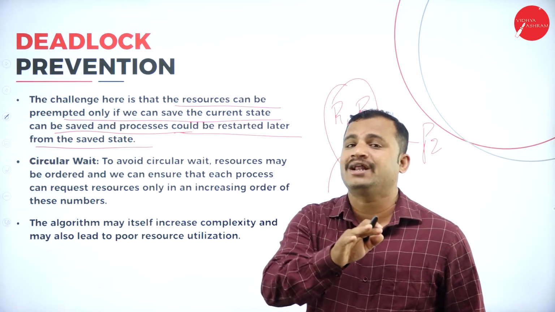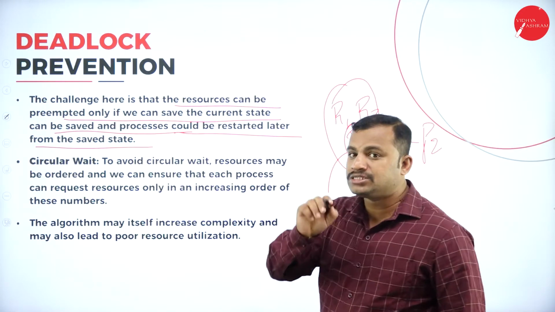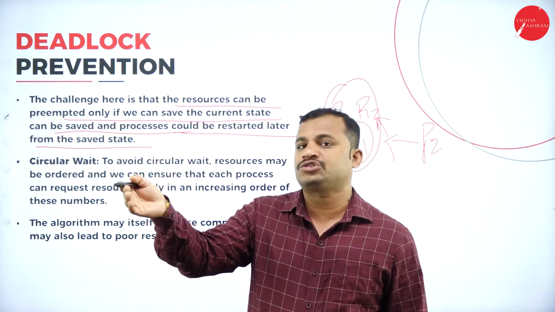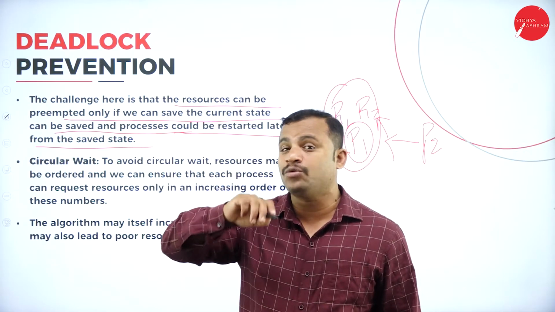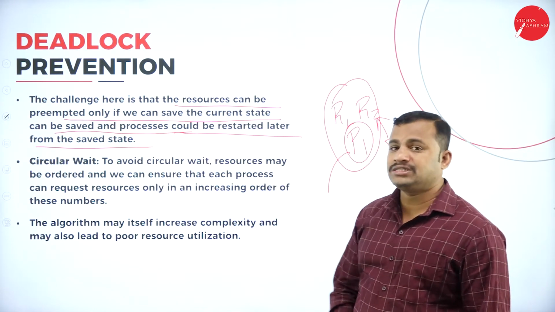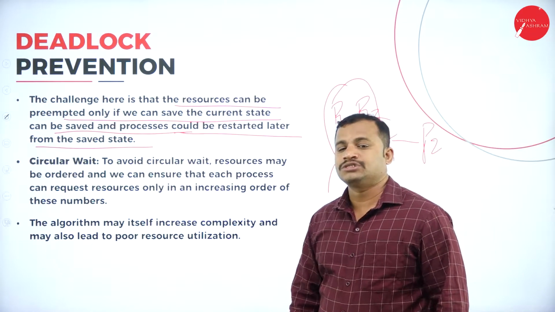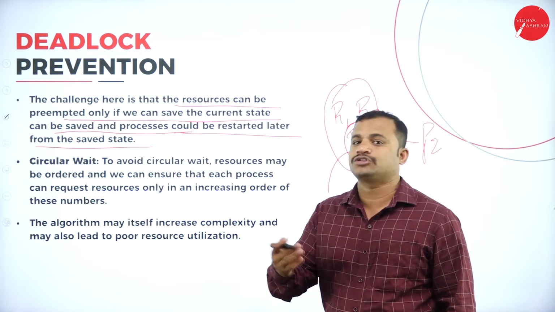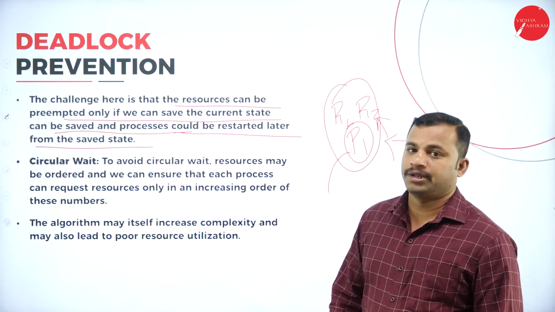In which data structure? The process control block. Then we can resume the operation of process P1, the use of resources R1 and R2, from the state where it was left. That is giving permission to another process to use the resources and then resuming the operation from where it was stopped. That is the challenging condition with no preemption.